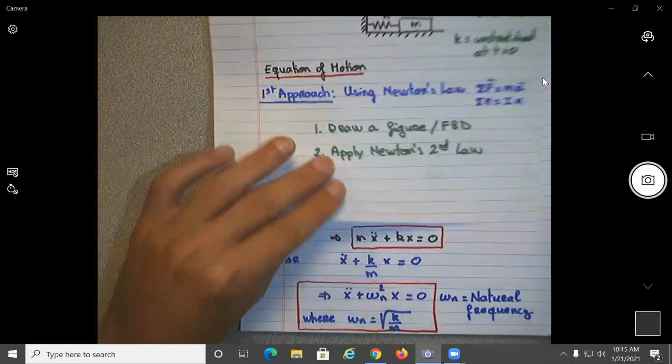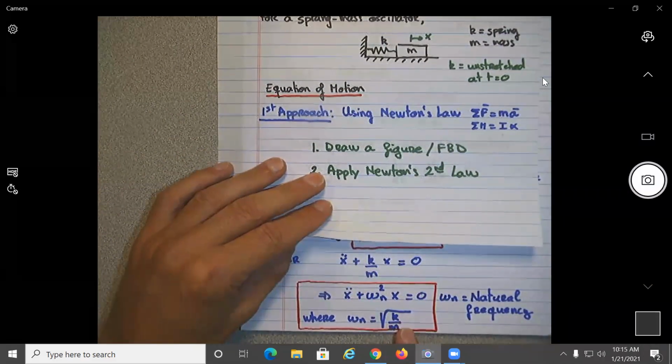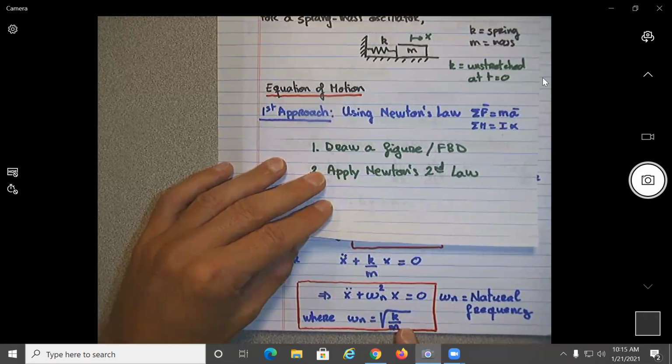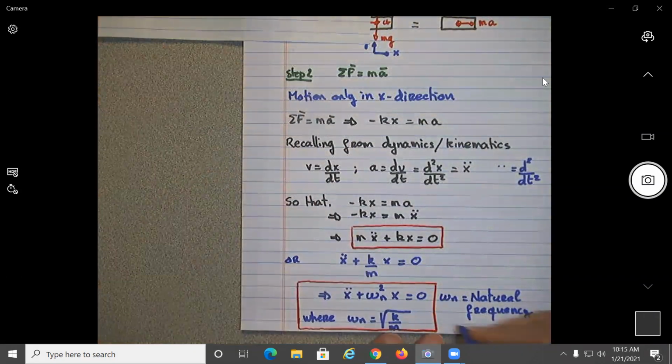So the frequency of oscillation will be given by the square root of the stiffness divided by the mass. All right? Okay, so let's look here. I don't have much space, but you can trust me, the units over here should be radians per second.